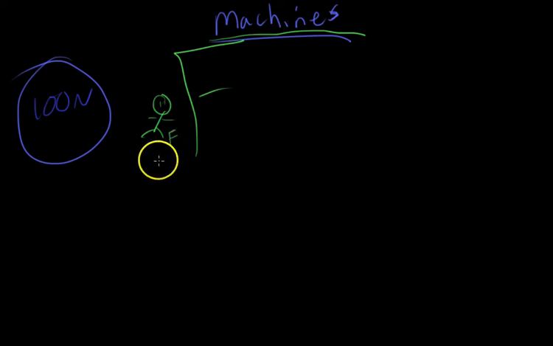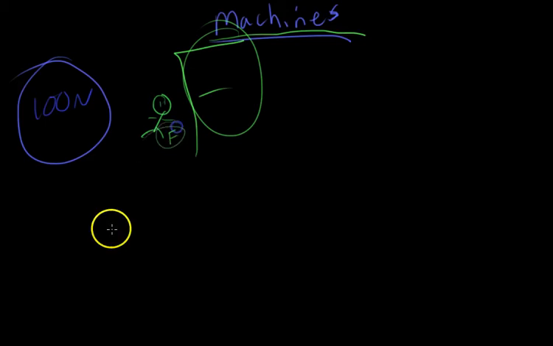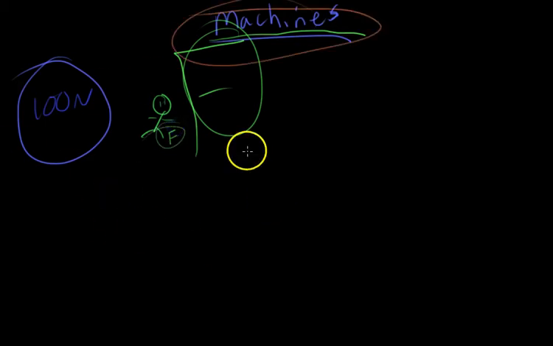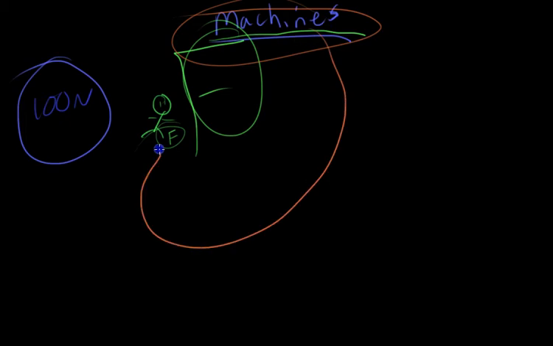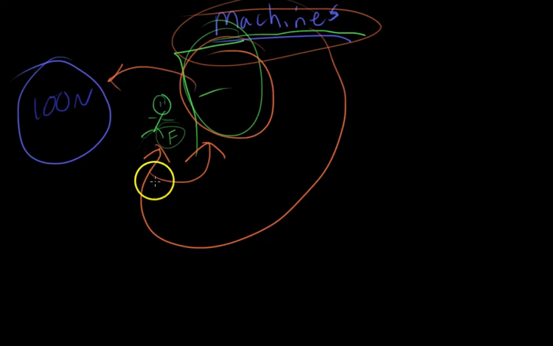So we bring along a machine, and I'll go through the different types of machines later. A machine changes this little F to this big F. And there you go, I can lift the boulder, right?